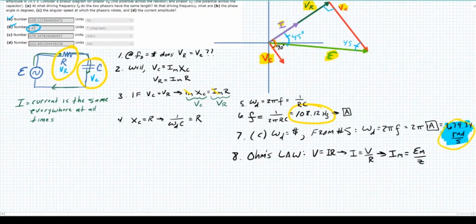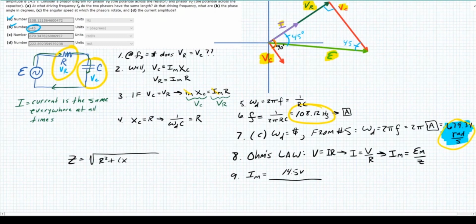So let's just fight the good fight. Here's the answer. The maximum current reached in this circuit at some point in time is going to equal 14.5 volts all over the impedance. And again, the impedance is going to be, I'll sidebar this, the square root of R squared plus (XL minus XC) squared.